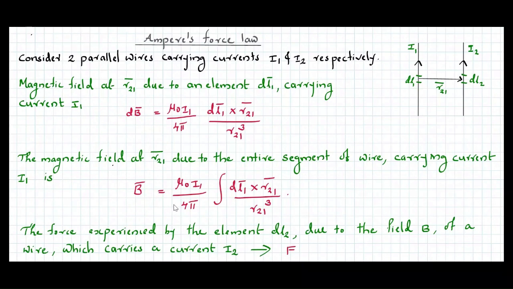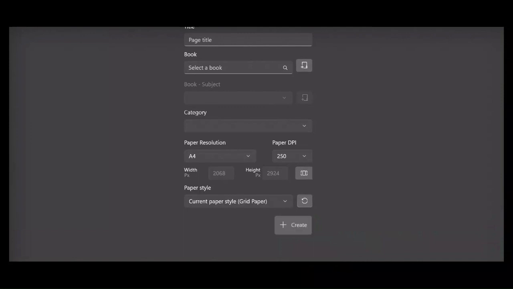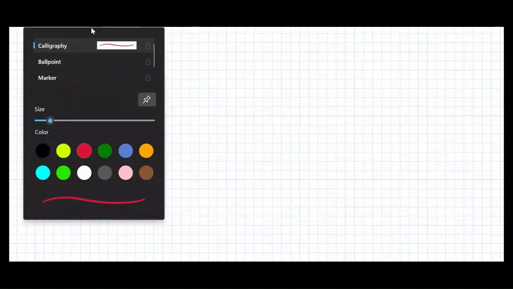The force experienced by the element dl2 is given by dF mag equal to I2 dl2 cross B.